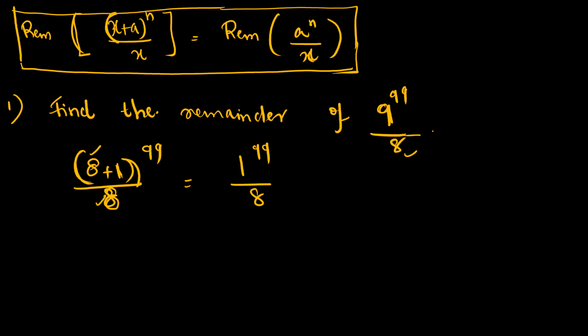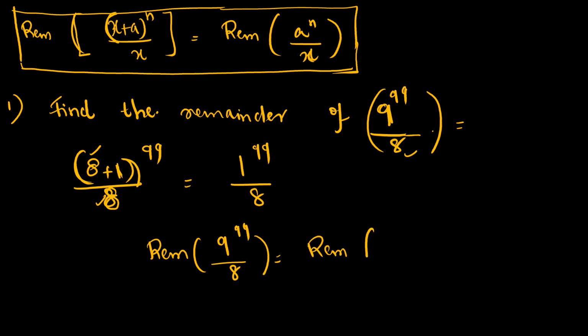So the remainder of 9 raised to 99 divided by 8 will be equal to the remainder of 1 raised to 99 divided by 8.